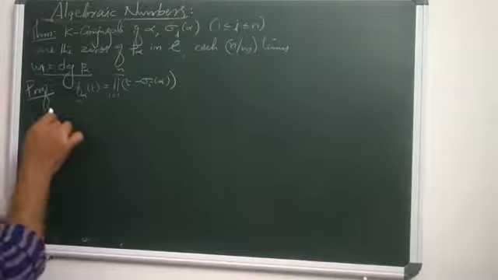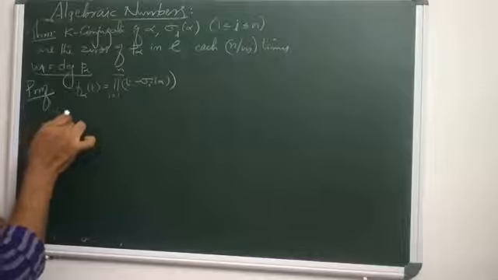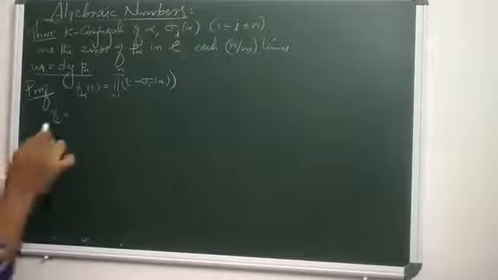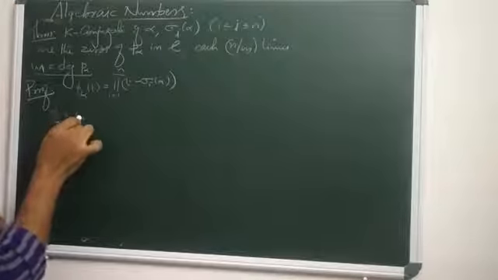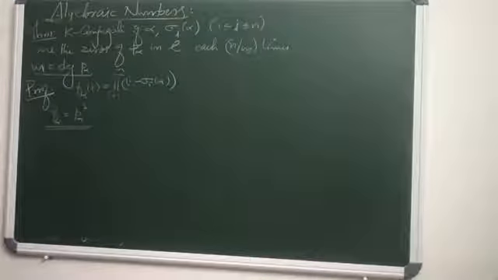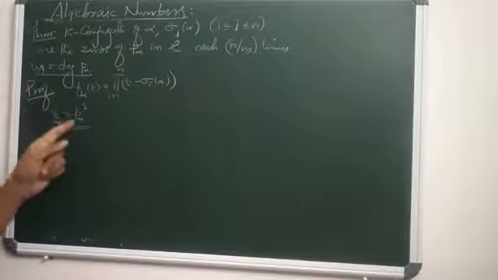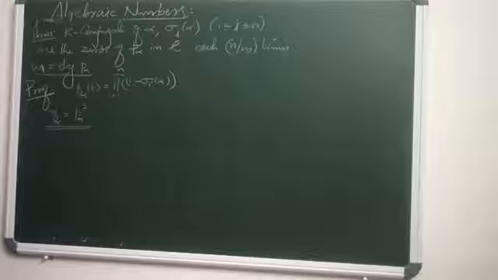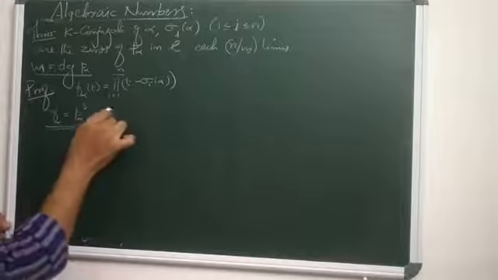Also by the previous theorem, we know that the field polynomial is nothing but the power of the minimal polynomial, that is f alpha is p alpha power s. Okay, mark it as equation 1.